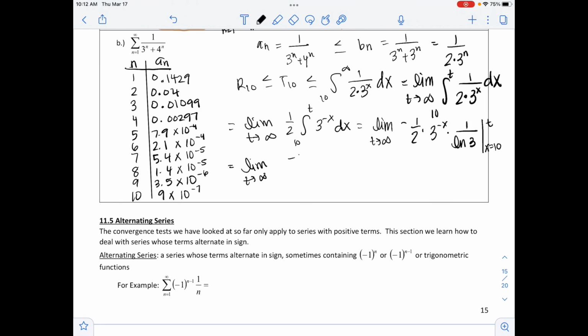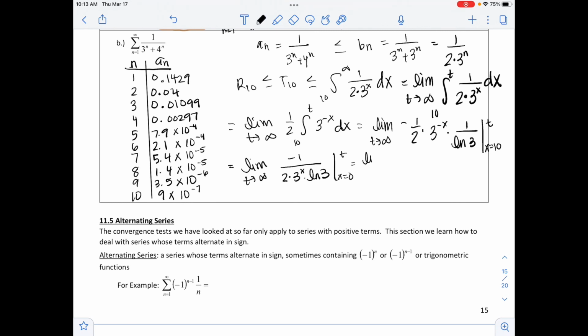And it's -1 over, and if you notice that 3 would move to the denominator since that was a negative exponent. And so we have 2 times 3 to the x times ln of 3. And again, evaluating this from x equals 10 to t.